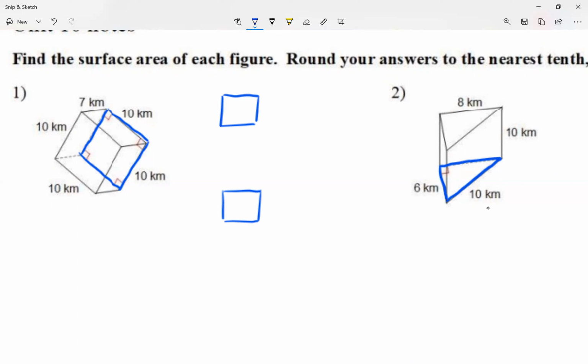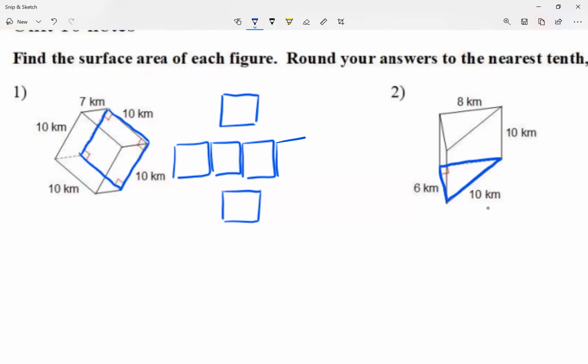Now my base has 4 sides. If I was to build a house, this would have 4 different walls. So it has 2 bases and then some walls at the side. The number of walls at the side is equal to the number of sides the base has.